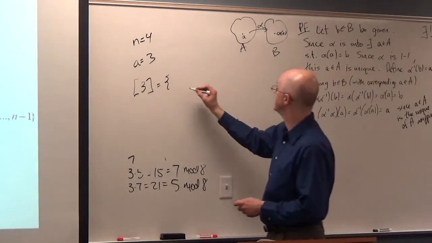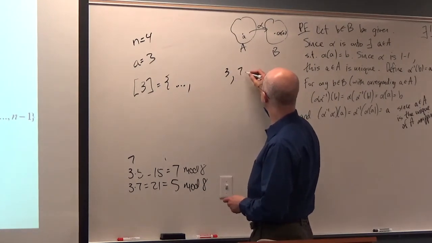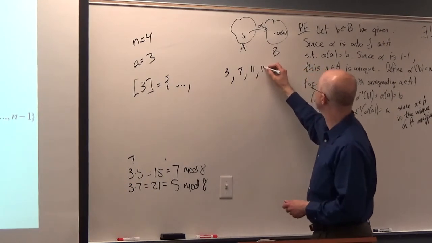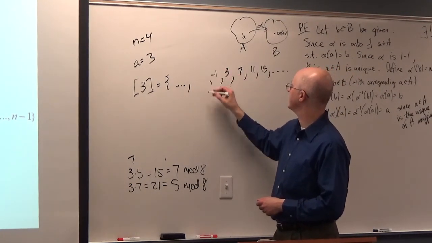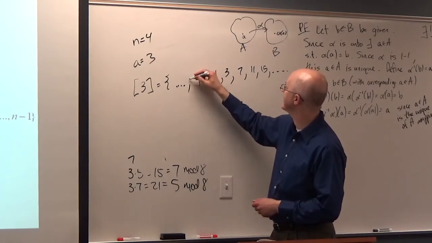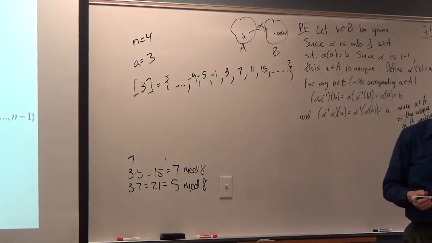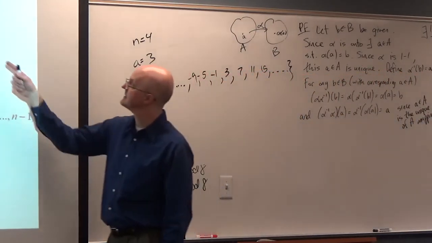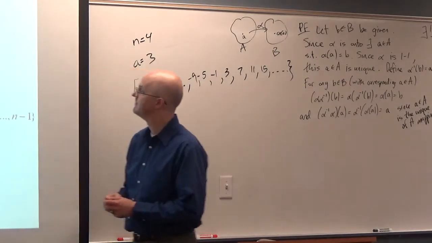So that would include 3 plus 4 is 7, 3 plus 8 is 11, 3 plus 12 is 15, etc. Also, 3 minus 4 is -1, 3 minus 8 is -5, 3 minus 12 is -9, etc. That would be the equivalence class of 3 in mod 4, based on this equivalence relation that's called congruence mod 4.